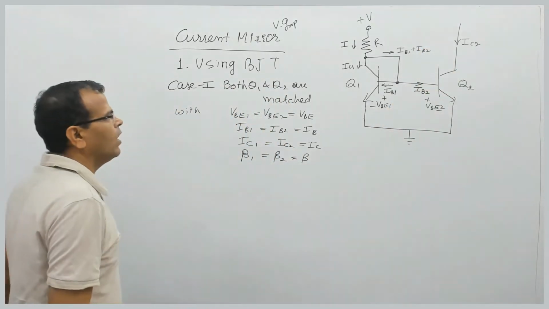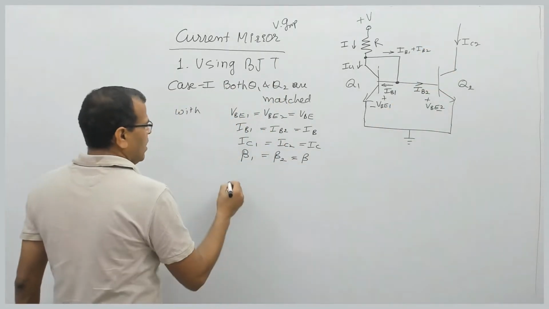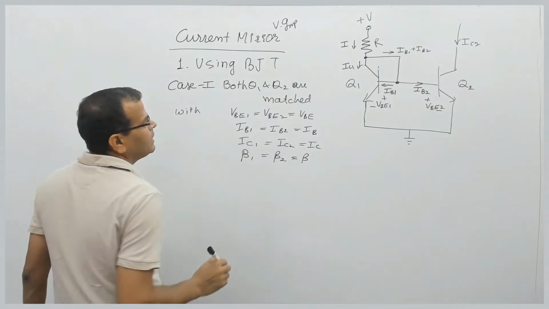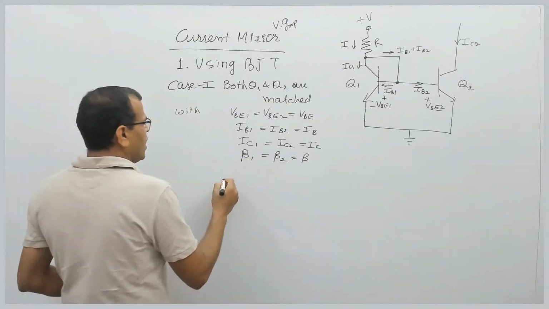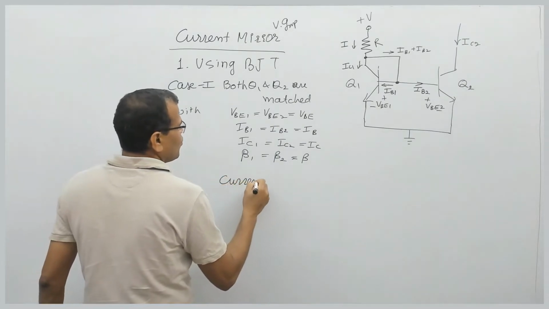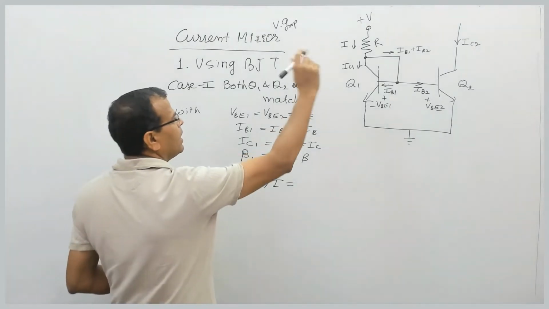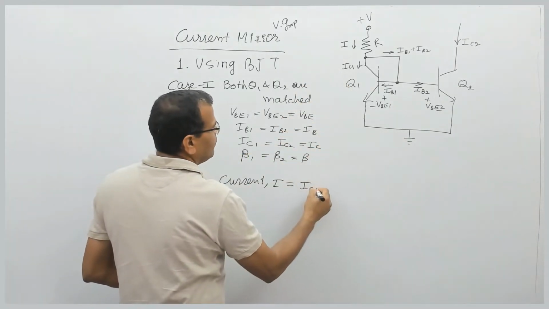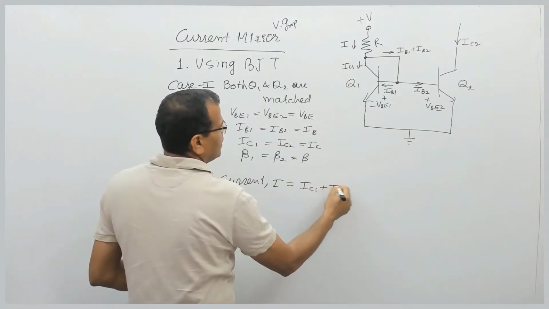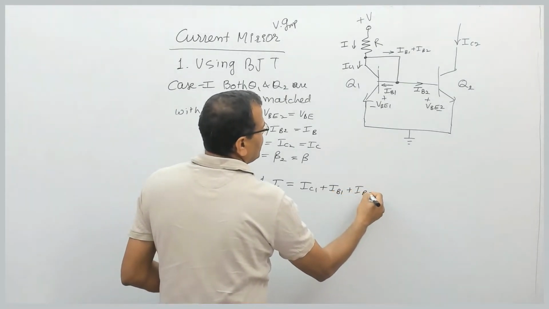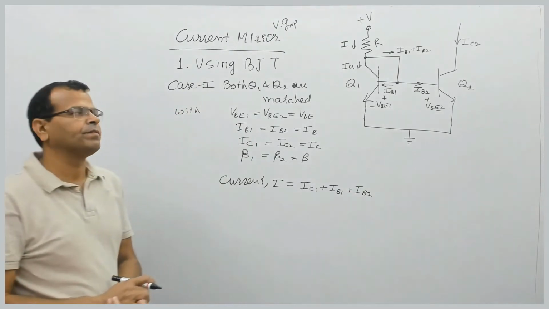Fine. Now, what is the current I? Please see carefully. Current I is equal to IC1 plus IB1 plus IB2. That's what you have.